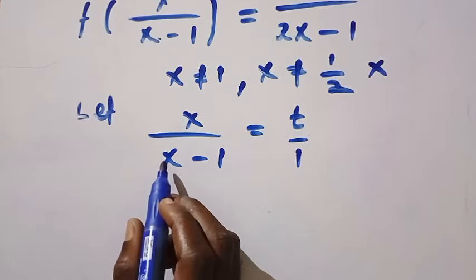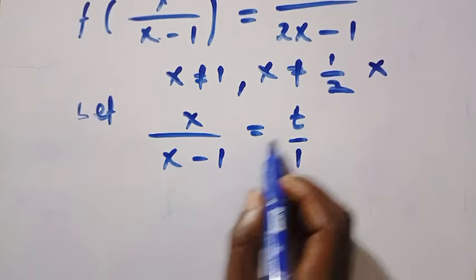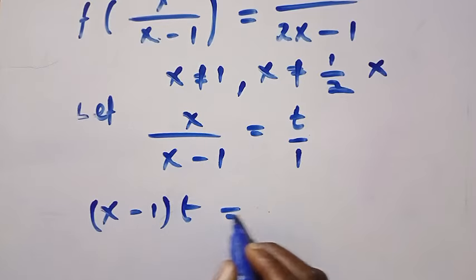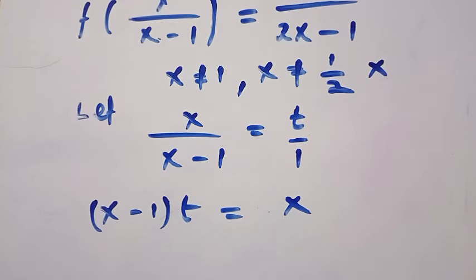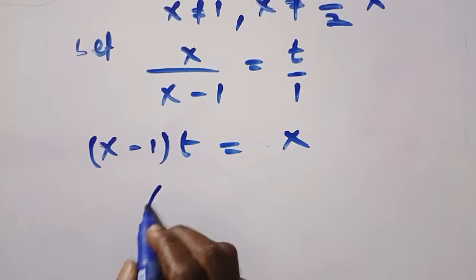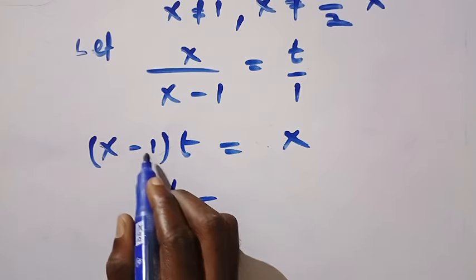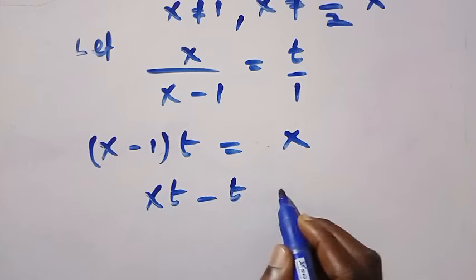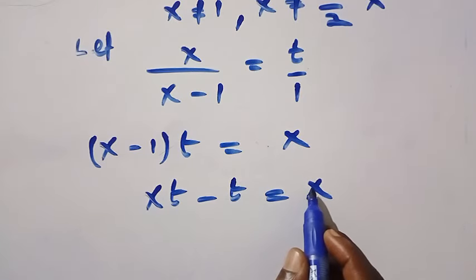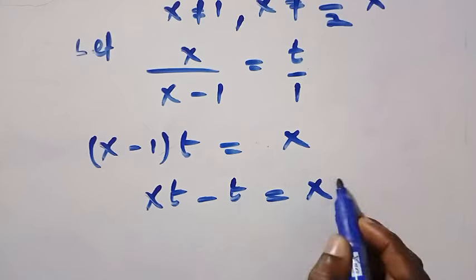When we cross multiply, we have x times x minus 1 times t equals x. By opening this parenthesis with t, x times t gives us xt, minus 1 times t, that is t, equals x. Then let's take this x to this side and transfer t to the other side.